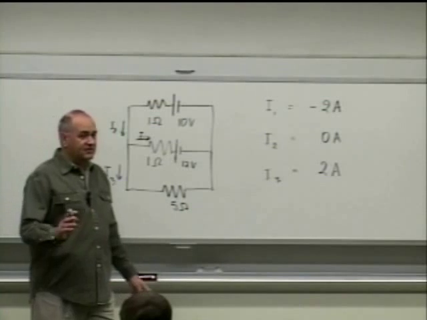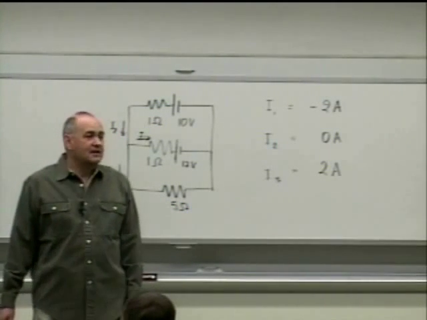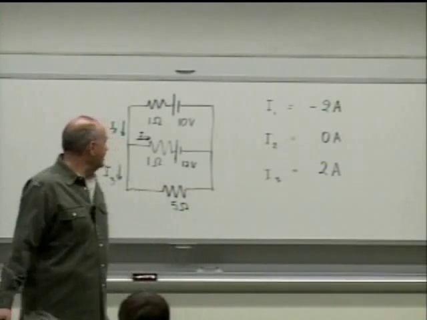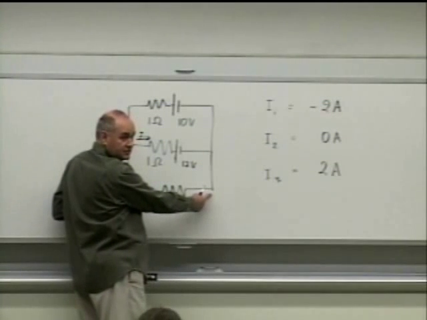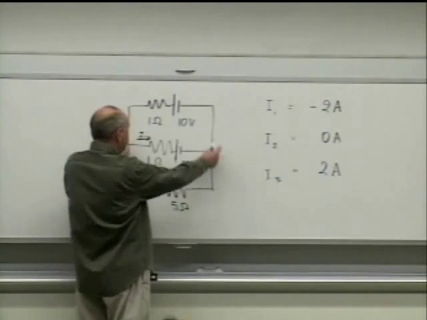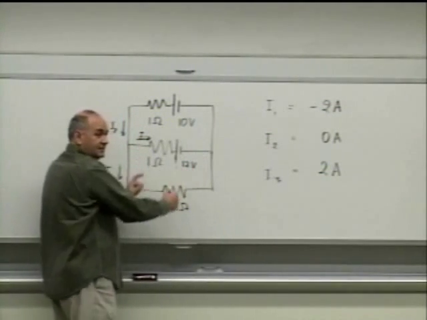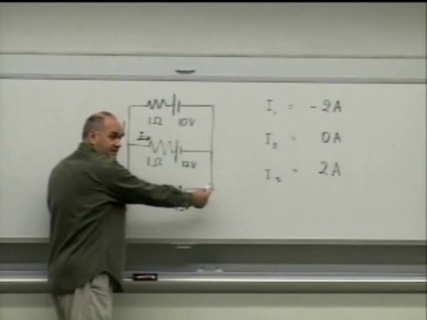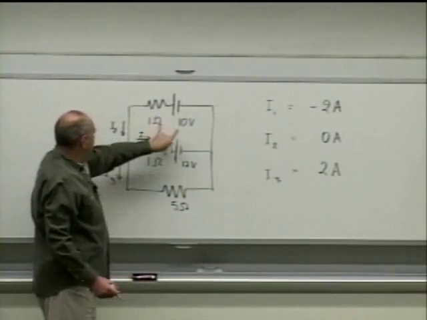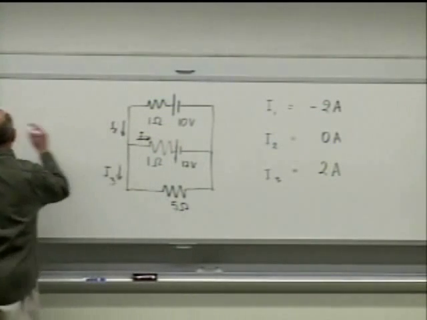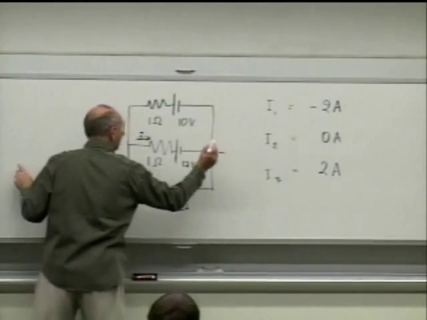Now let's see, just to make sure that we found the values properly, let's separately calculate what is the potential difference between these 2 points, and these 2 points. So in other words, what is the potential difference across this battery, the 10-volt battery, the 12-volt battery, and the connected load resistor? All right, so here, let's call this side plus and this side minus.